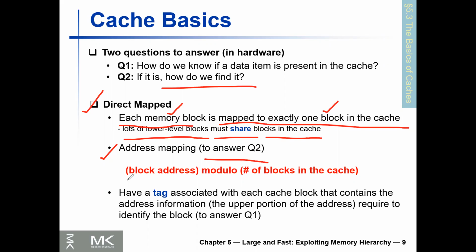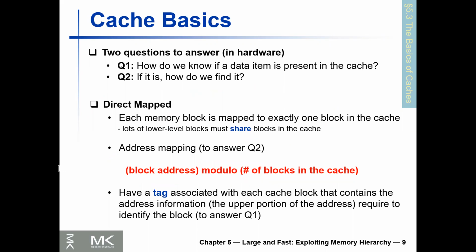It is the block address, the address of the block in main memory, then we use the modulo operator, modulo the number of blocks in the cache. According to that formula, we can map a particular block address of the lower memory, the main memory, to a particular block in the cache.